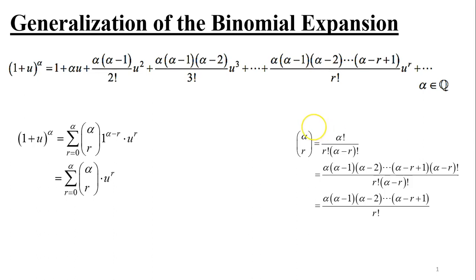So it's alpha into alpha minus 1 into alpha minus 2 into alpha minus 3, etc. Now over here you'd notice that I'm stopping it at alpha minus r plus 1 into alpha minus r factorial. Now alpha minus r plus 1 is the term right before alpha minus r.